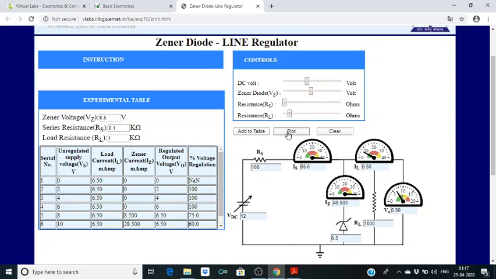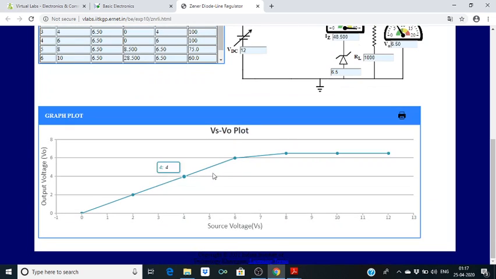And now we will plot it. So we are getting this kind of curve.